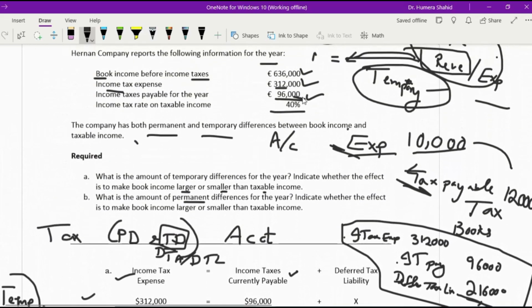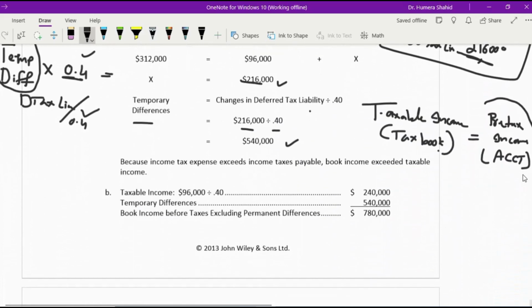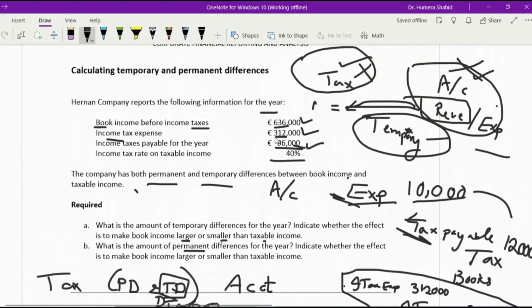So see here, the pre-tax income in the accounting books is 636,000. Taxable income in the tax books I need to calculate, because they gave me income tax payable.